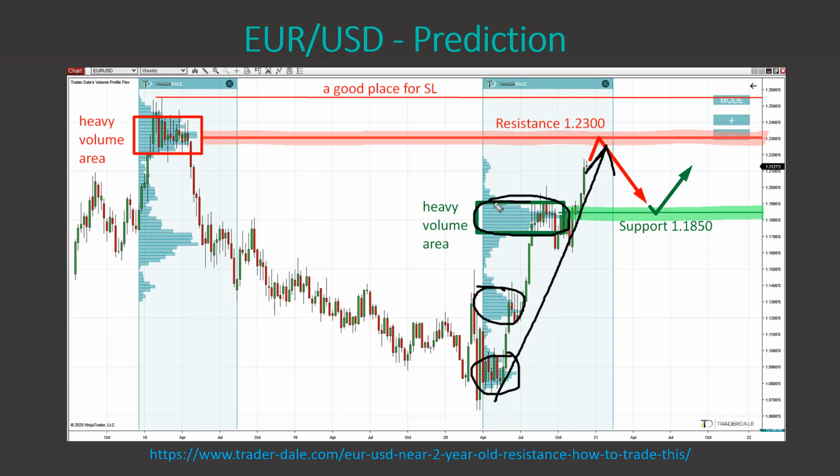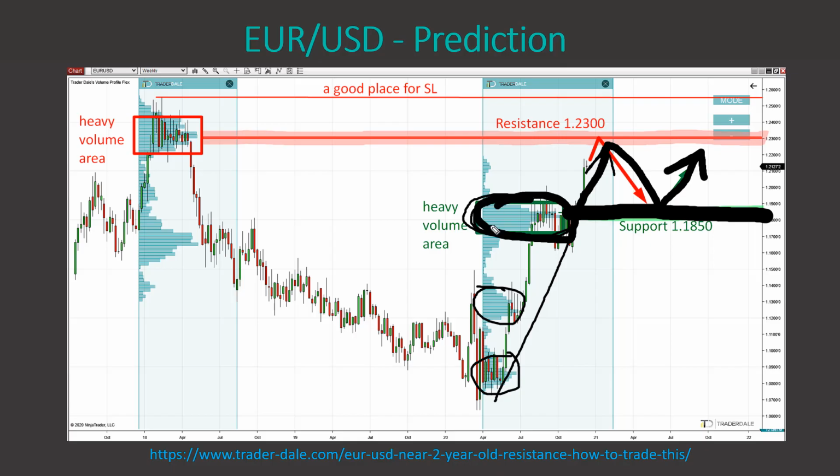In here I'll talk just about this one. And I marked this one as a strong support. The price went upwards from there, and I waited for a pullback and went long from there because heavy volumes are support. All right, so heavy volumes, you wait for a pullback, and this should work as a support.